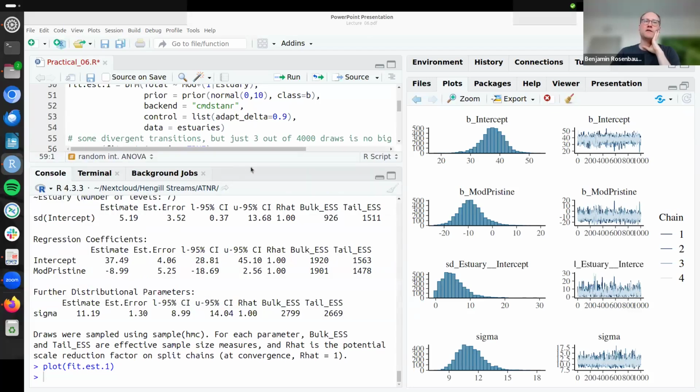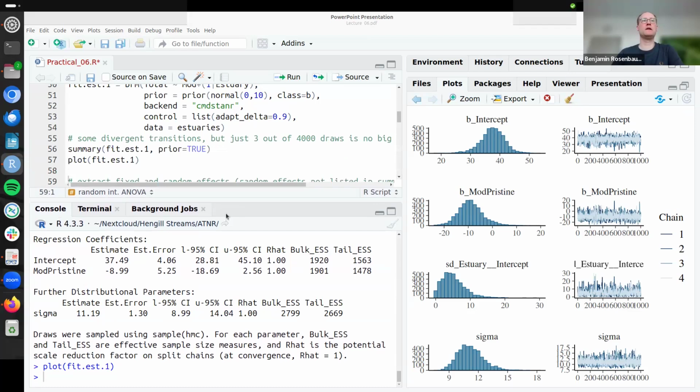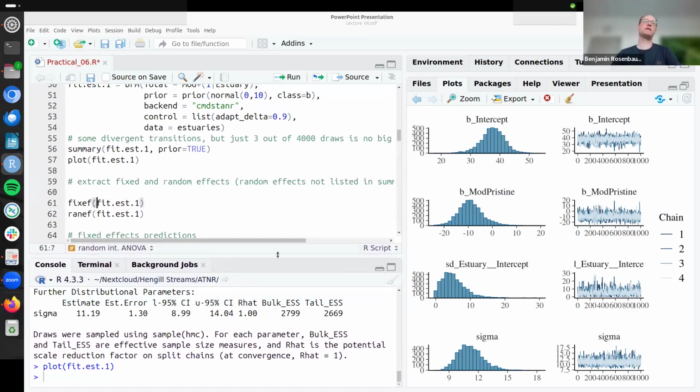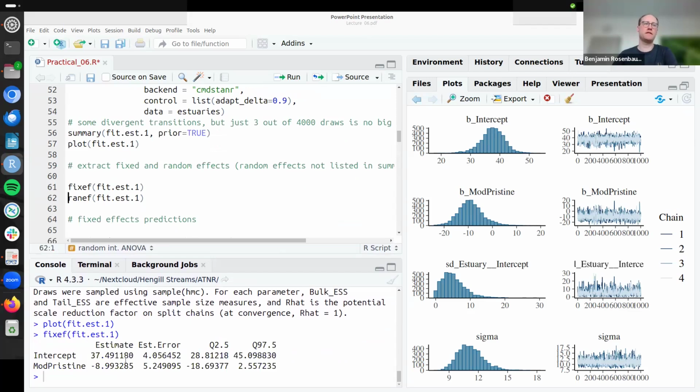Okay, so as always, the summary table is, in many cases, not fully describing the whole model and not giving us all the information. Here we could, for instance, extract the fixed effects and the random effects. The fixed effects should be just this fixed effects block here.